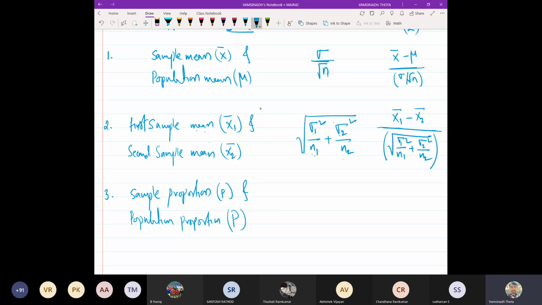So the standard error is capital P times 1 minus capital P upon n, and the test statistic is the small p minus capital P upon the standard error.